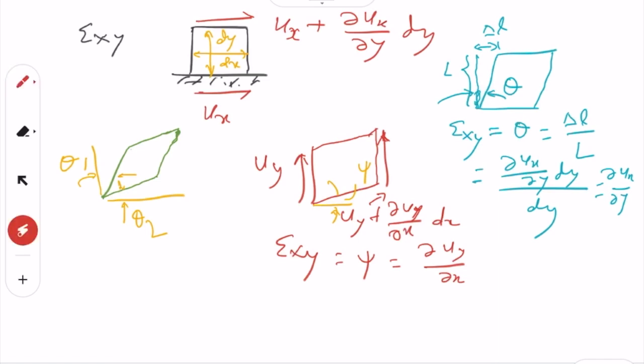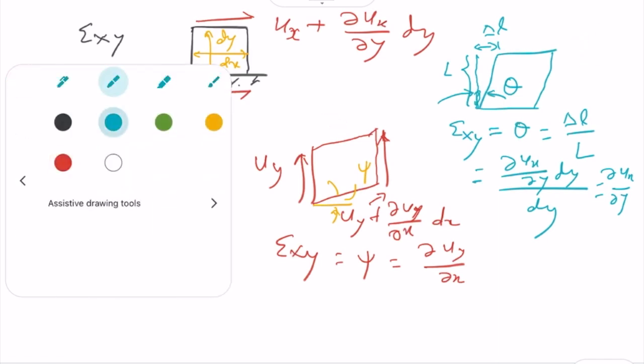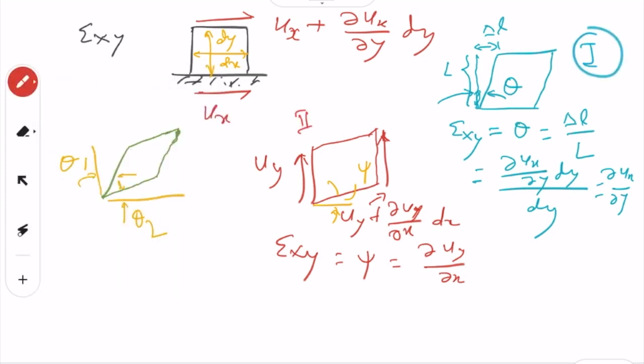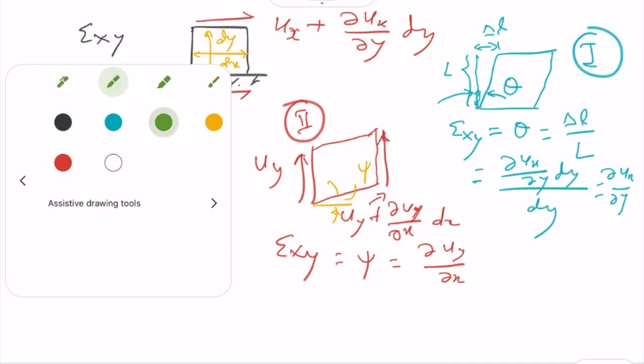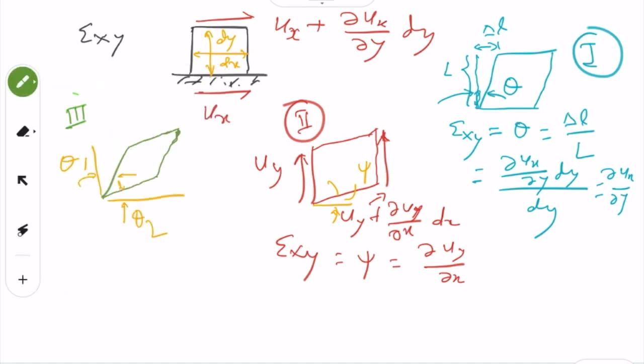Now this is the first scenario, this is the second scenario, and this is the third scenario. In this case we have both angles, right? We have theta 1 which was theta here, and theta 2 which is psi here. So theta 1 equal to theta, theta 2 equal to psi.